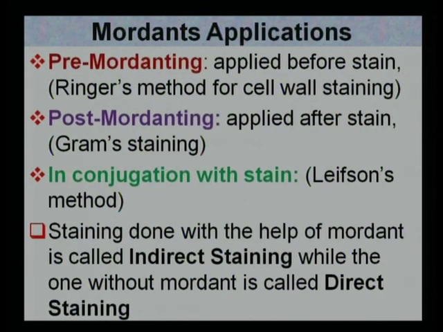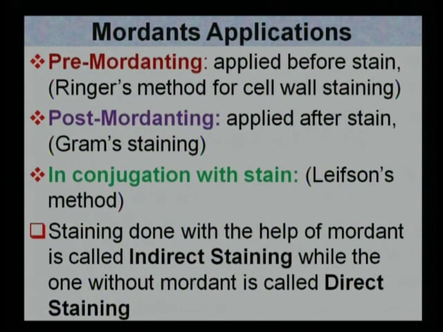Now these mordants, how are they applied? As shown on the slides, they are applied as pre-mordanting, post-mordanting or in conjugation with the stain. Pre-mordanting means they are applied before the stain. For example, in Ringer's method for cell wall staining, tannic acid or cetyl pyridinium chloride is used before application of the stains.